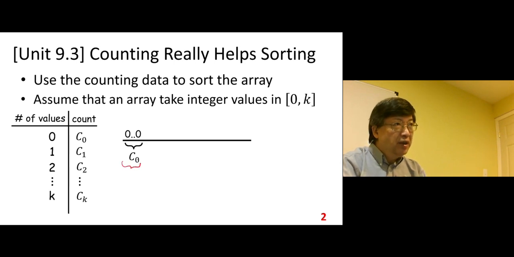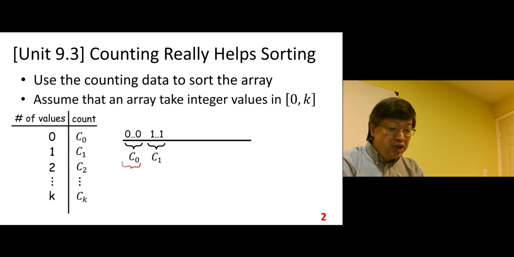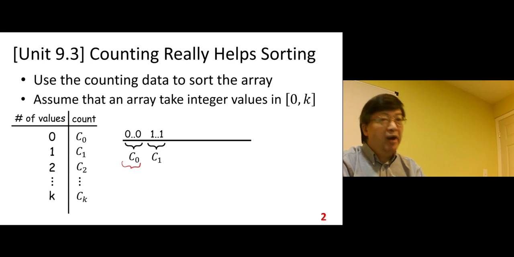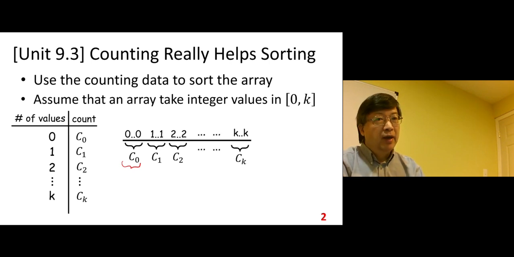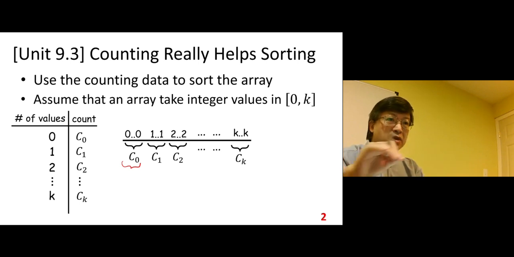Here you can see the counting number is closely related to the positions. Next, C1 consecutive positions for value 1 elements, and C2 consecutive positions for value 2 elements, and so on. So that's the observation we have when we rearrange the array elements.